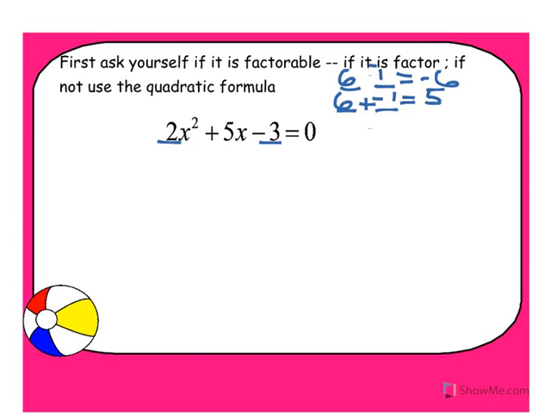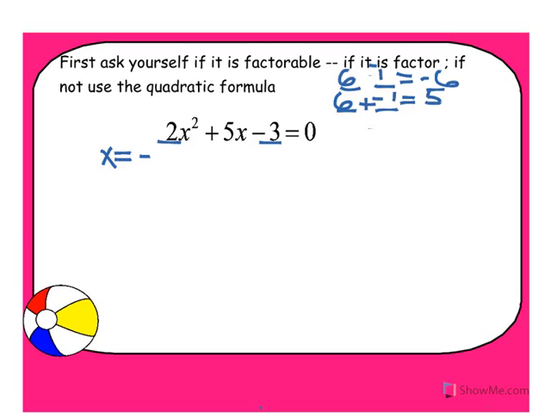So we have two choices now. We can go the factoring route and factor it, where you can use your square and put your first term first box, last term last box, or we can go to the quadratic formula. I'm going to choose for this one to use the quadratic formula just so we can practice, since that is the point of this lesson.